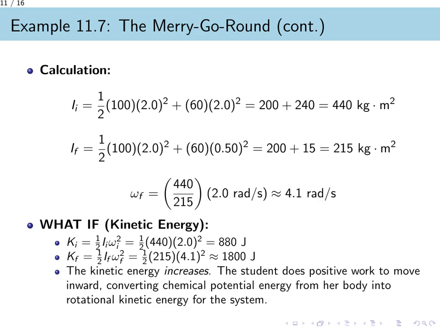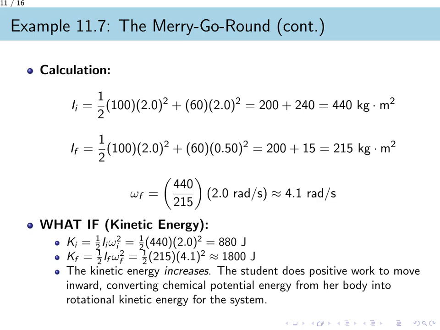Let us now consider what happens to the system's kinetic energy. While angular momentum is conserved for this isolated system, we will see that its rotational kinetic energy is not. We can calculate the kinetic energy using the formula 1/2 times the moment of inertia times the angular speed squared.